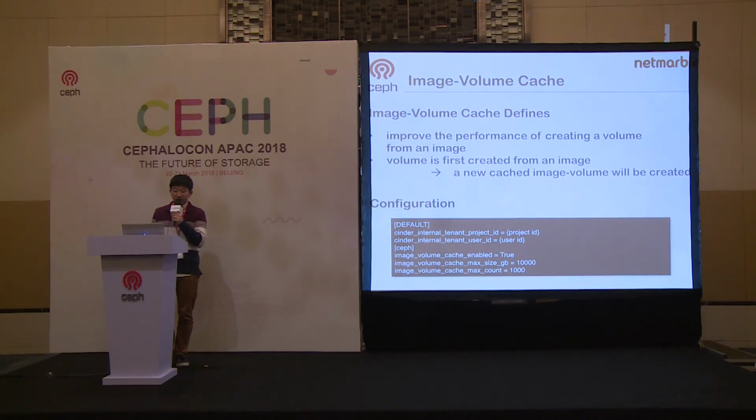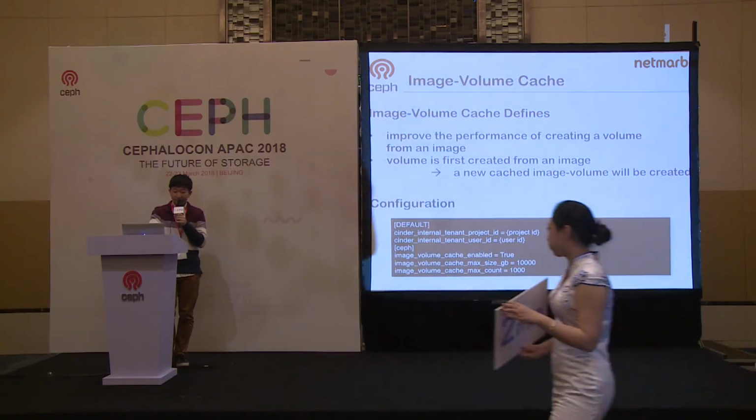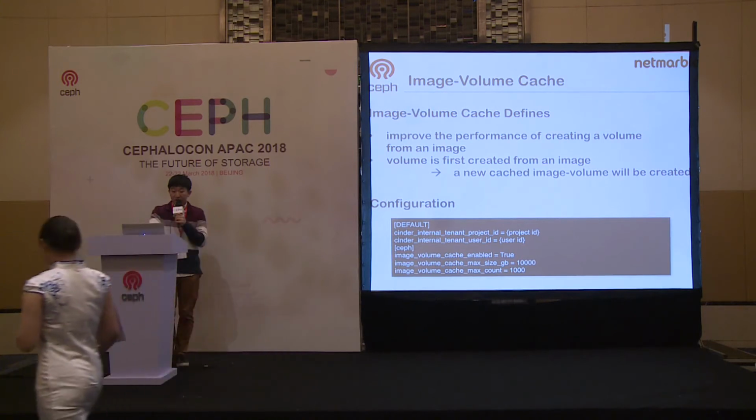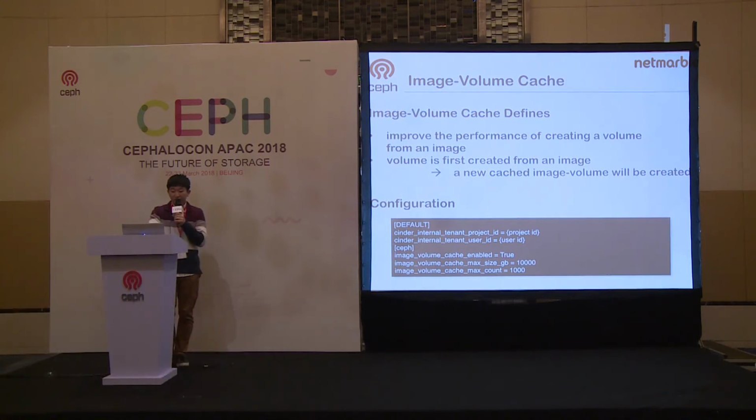The instance provisioning speed via the cached volume is greatly increased. For using the feature, we should set several configurations in the cinder.conf file. The image volume cache requires that the internal tenant be configured for the block storage services. This project will actually own the cached image volume.